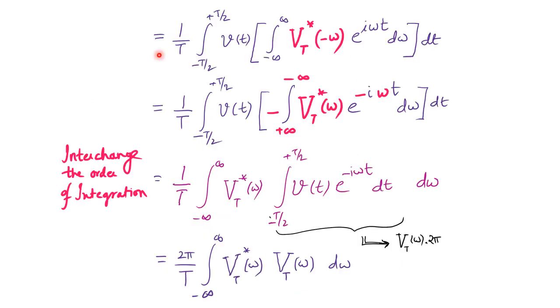So this is our previous step. I had looking at the integrated power, and then I'm averaging it. So this was my Vt star minus omega because my v of t was a real signal, right? Now you see, because I've got minus omega sitting in my argument, I can make a transformation from minus omega to plus omega, right?